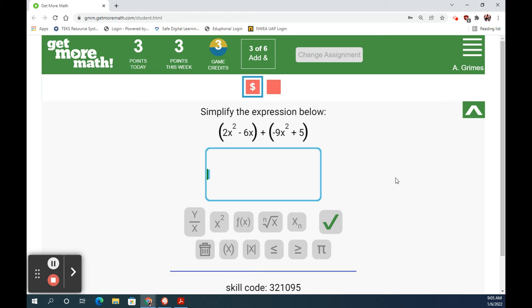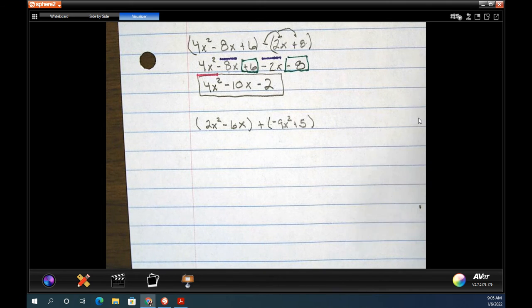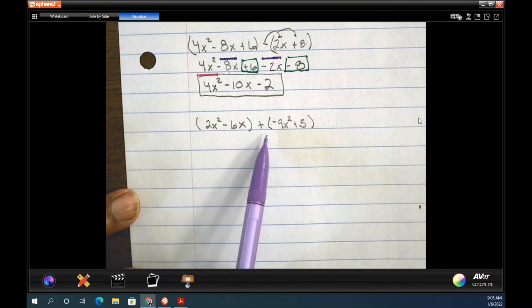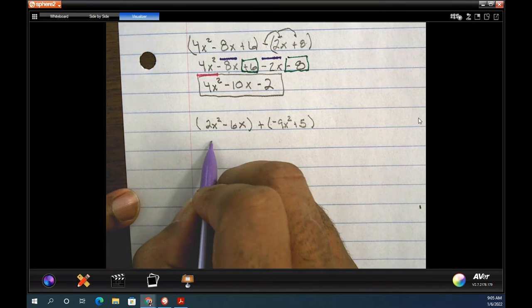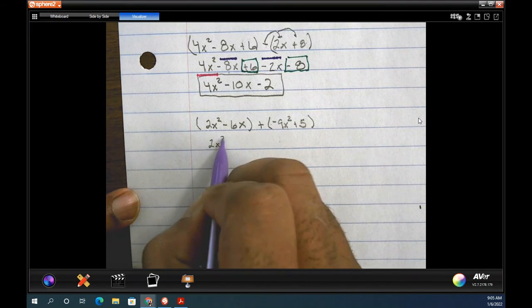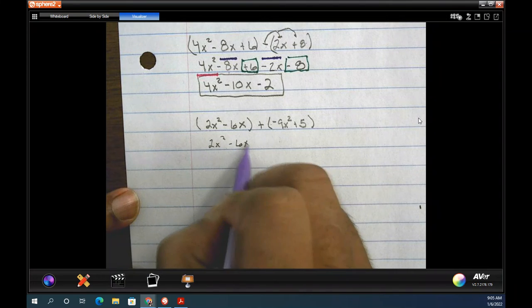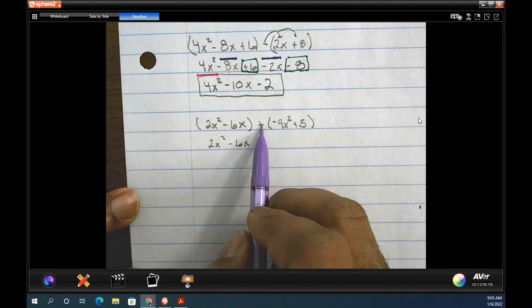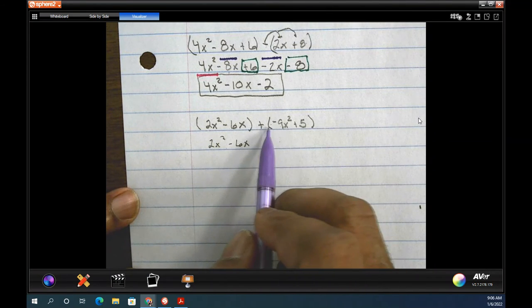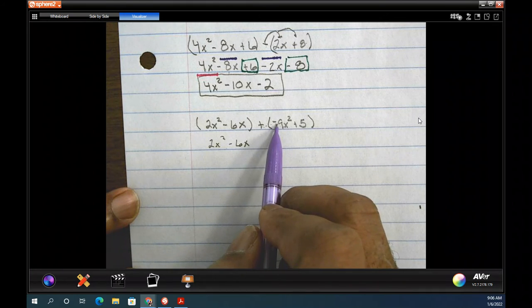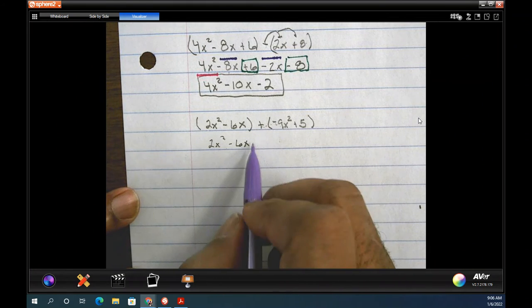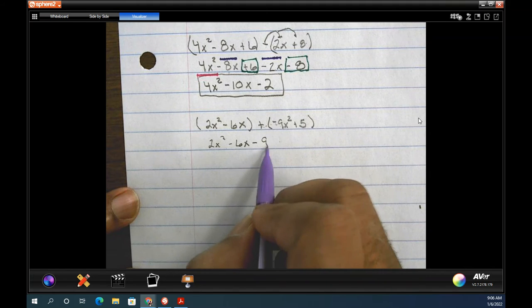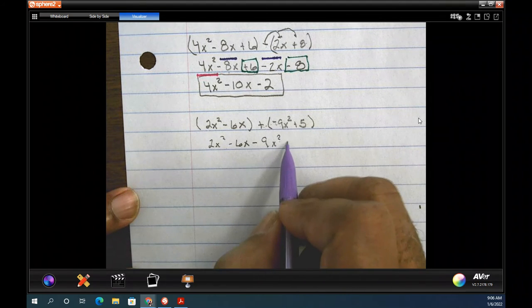Well, if not, let me see it on mine. All right, here we go. There it is. Now, remember what I told you? When you add, you just do what? Drop the parentheses. So you just basically rewrite it. 2x squared minus 6x. But look at this. Plus negative. What is that going to make it? Negative. Yeah. So it's still minus 9x squared plus 5.